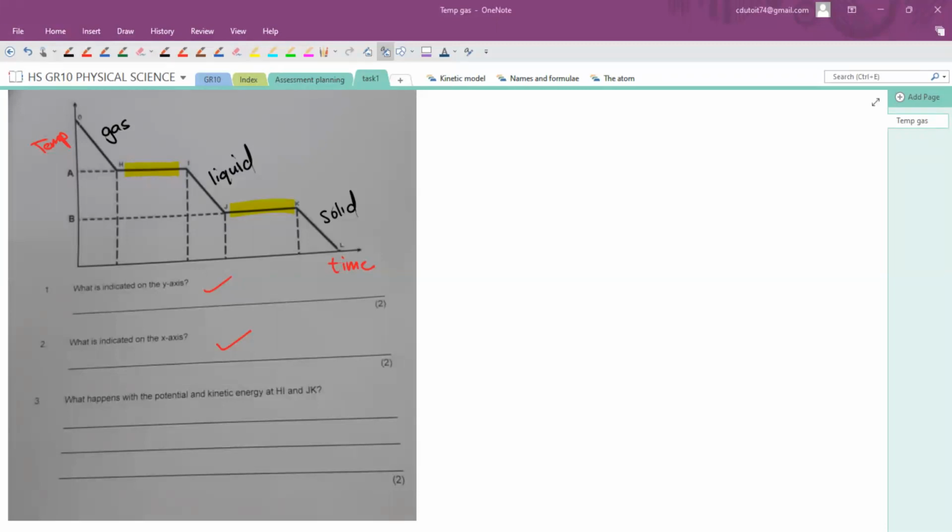What happens with the potential energy and kinetic energy at HI and JK? What happens with the kinetic energy? When the particles become a liquid and a gas, the kinetic energy increases. No, they're asking what happens with the potential and kinetic energy at HI, which is that one yellow section, and JK, the other yellow section. The kinetic energy stays the same.